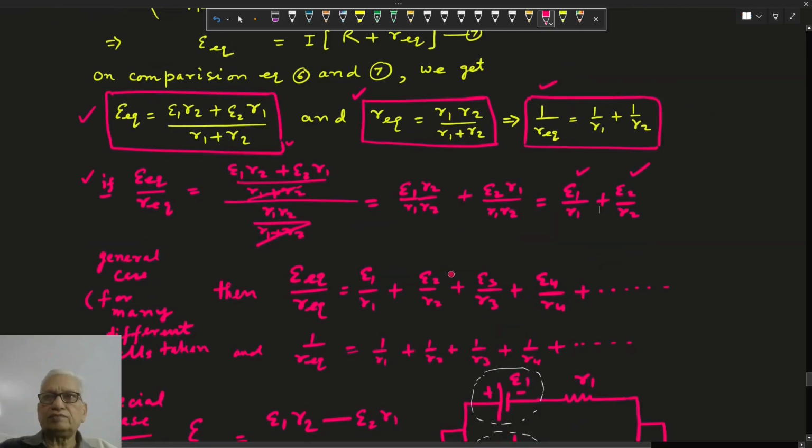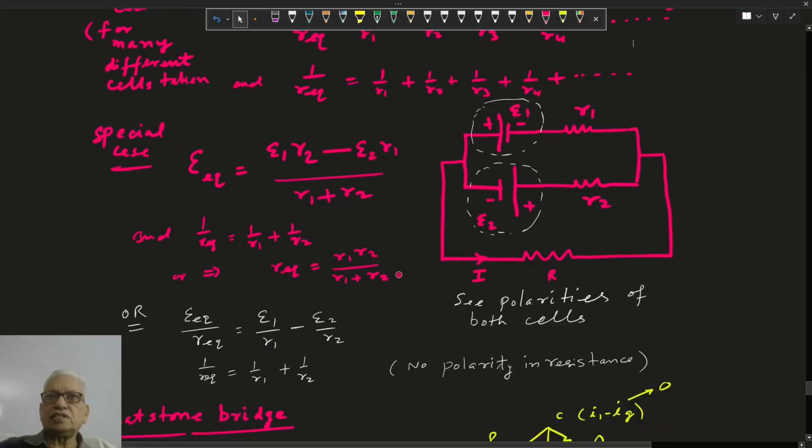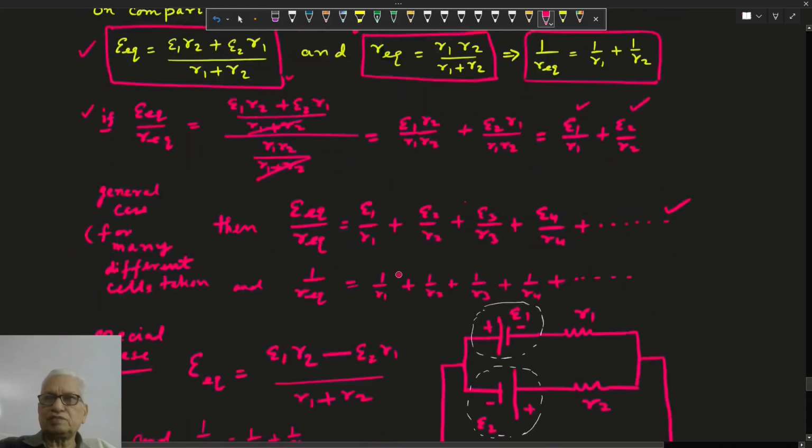In general, there are many cells connected, तो generalize कर देंगे हम लोग: E equivalent upon R equivalent is equal to E1 upon R1 plus E2 upon R2 plus E3 upon R3 plus E4 upon R4 and so on for many different cells. And R equivalent in parallel: 1 upon R1 plus 1 upon R2 plus 1 upon R3 plus 1 upon R4. As a very special case, see, the same question is coming but polarities of E1, E2 are opposite. They are not supporting like in previous cases.